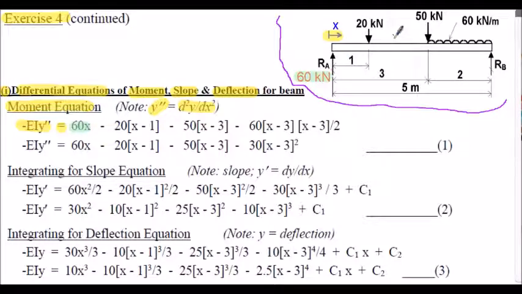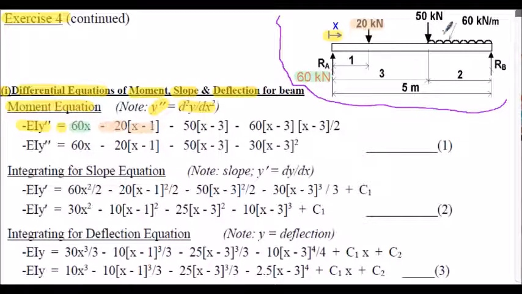If I now consider the x location to be here on the beam and I look to the left, I still see the RA times x, but now I will see the 20 multiplied by x minus 1, and that's tending to hog the beam, so that's a negative bending moment. So my negative bending moment is negative 20 multiplied by x minus 1.